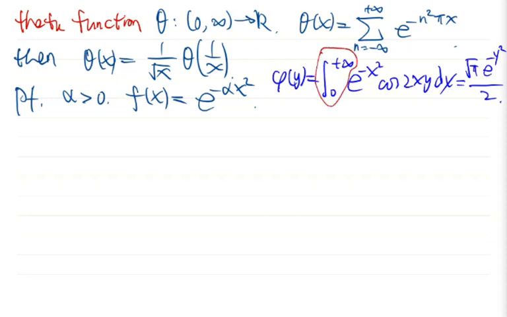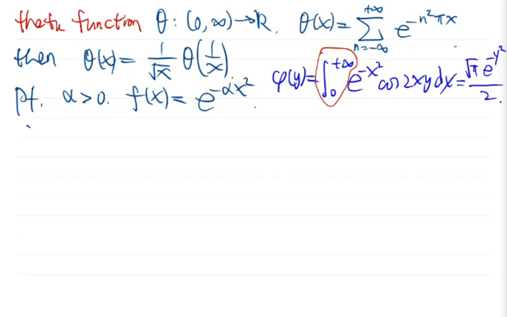So the result provided by the exercise is not sufficient to study this integral. But I can give some idea for computing this integral. We might assume that, with the theory of integral with parameter, we can take the derivative under the integral sign. That is phi prime.